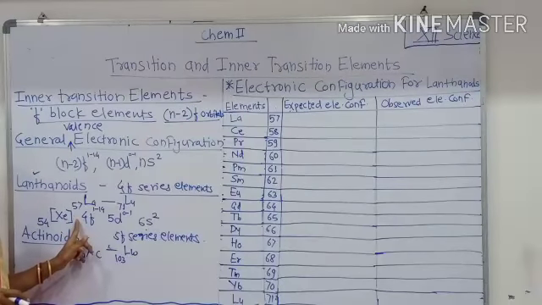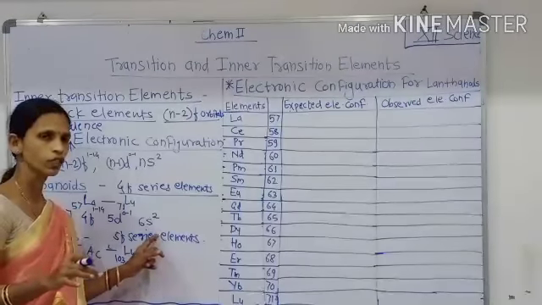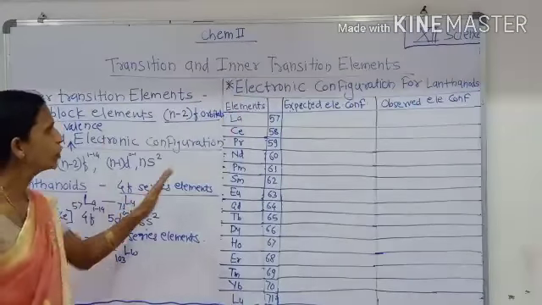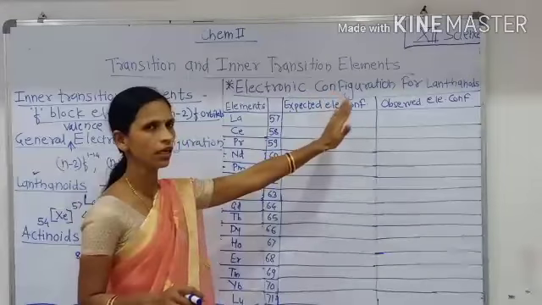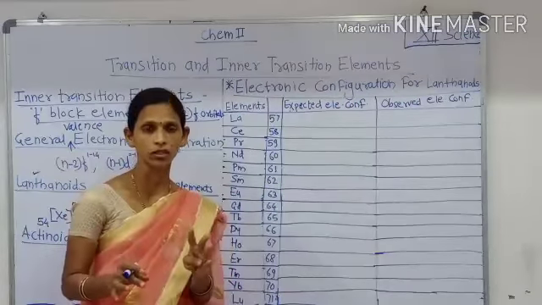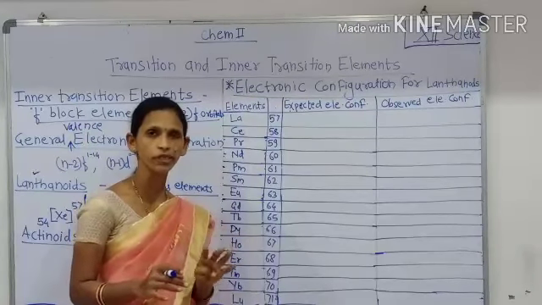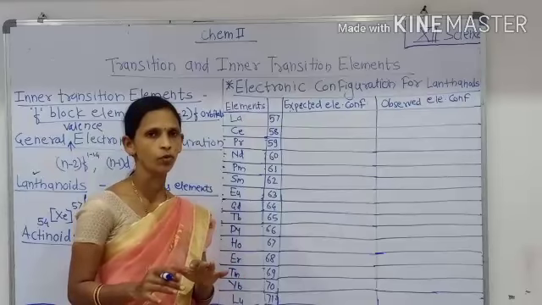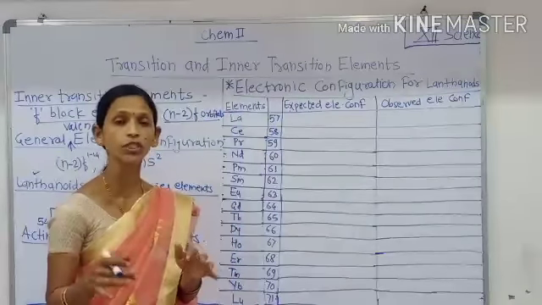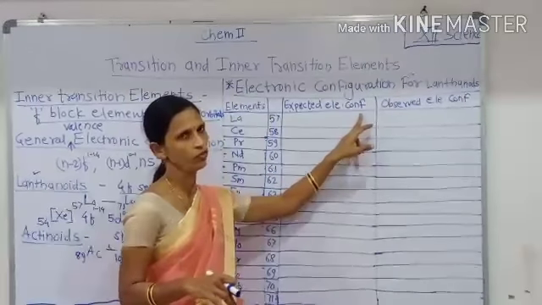Using this general valence electronic configuration for lanthanoids, we can write the expected electronic configuration, which is based on three laws: Hund's rule of maximum multiplicity, Pauli's exclusion principle, and the Aufbau principle. The electronic configuration based on these rules is called the expected electronic configuration.